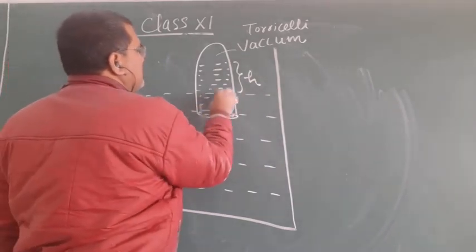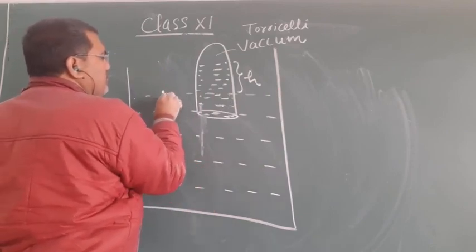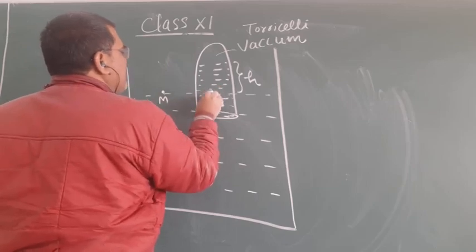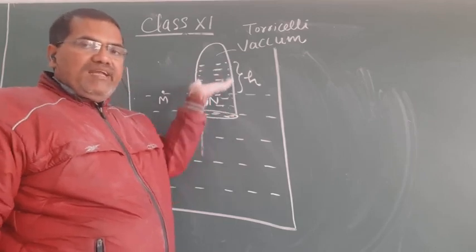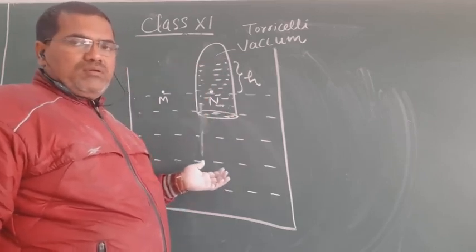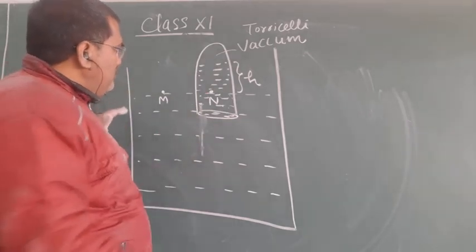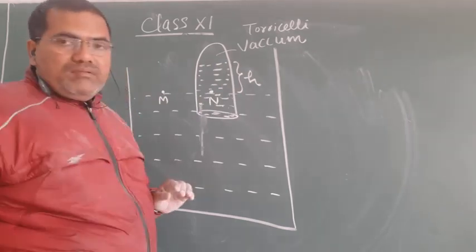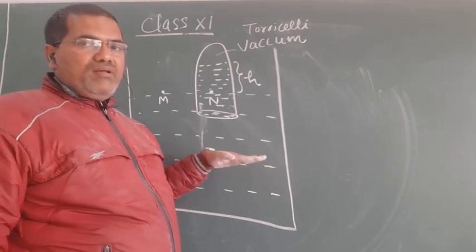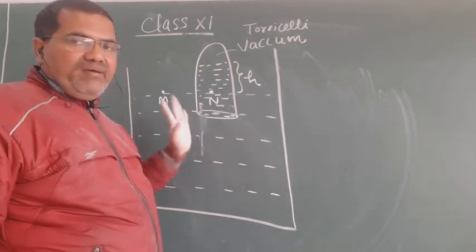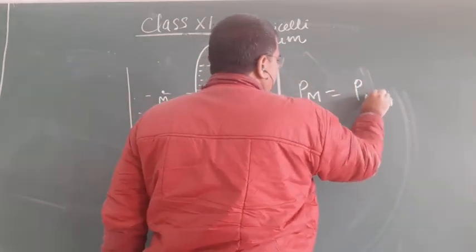So this point say M and this point say M. Some liquid rises into the tube to achieve equilibrium. And we know that in equilibrium, pressure at a horizontal level of a layer is the same everywhere.